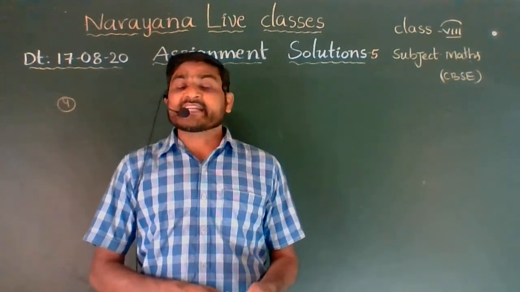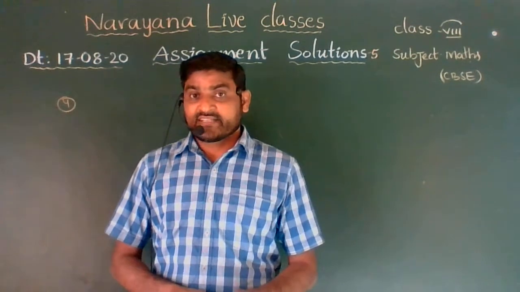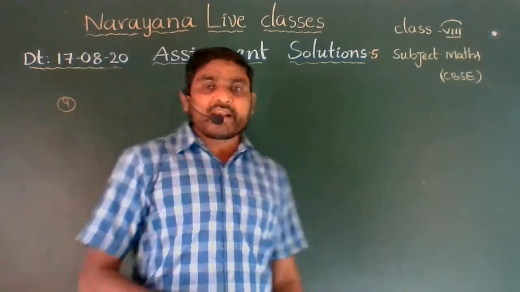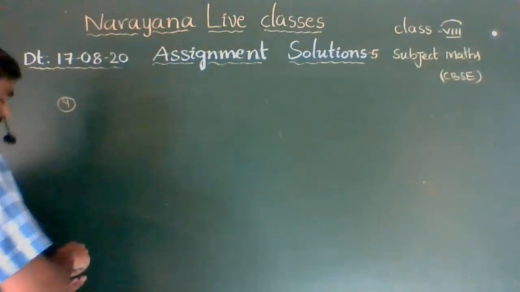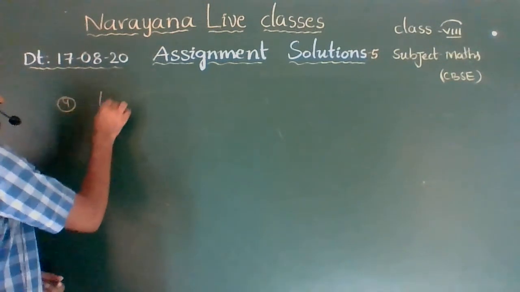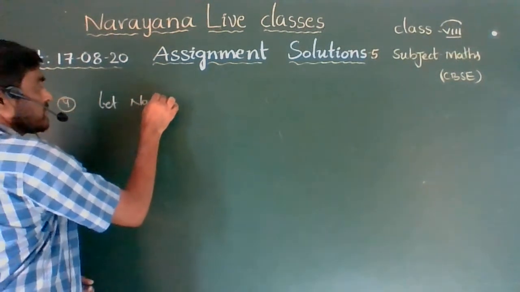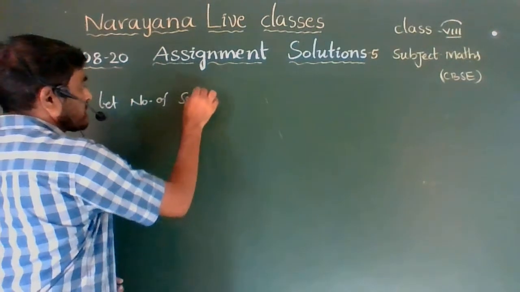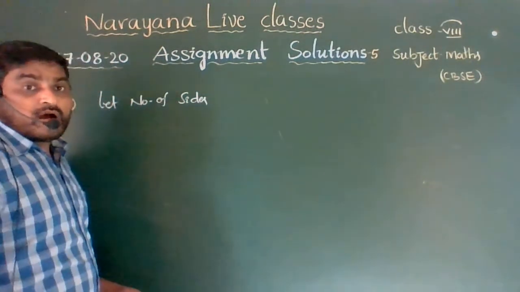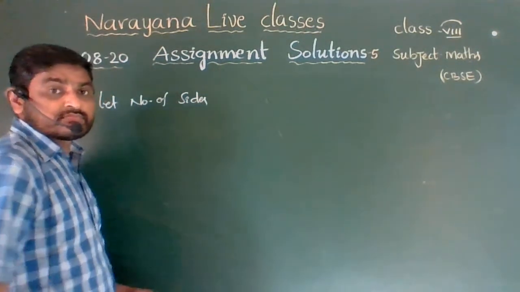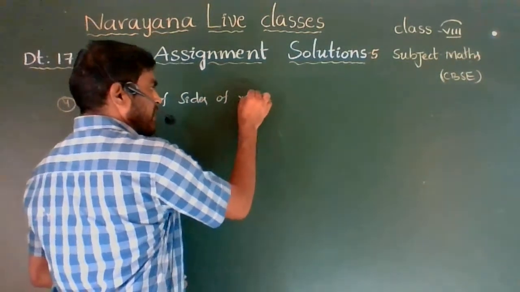Find the number of sides of the polygon. So let the number of sides of the regular polygon be n.